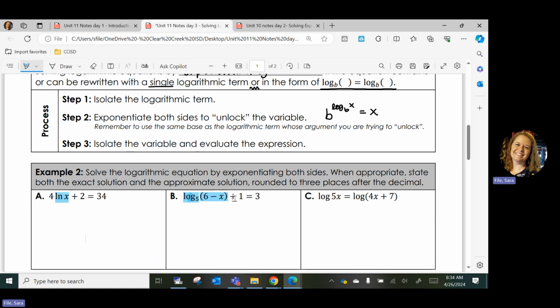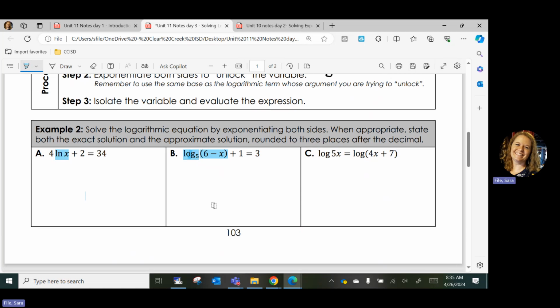So there's a +1 that needs to move. The 6 does not move because it's inside the parentheses. It's part of the argument, part of what we're taking the log of. So when we say isolate, I need you to understand that difference. If there's a number added or subtracted not in parentheses, it's going to move. But if it's inside the parentheses, it doesn't move. It's part of what we're isolating. You'll see the difference?